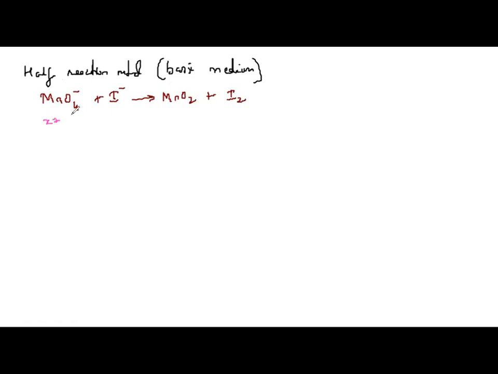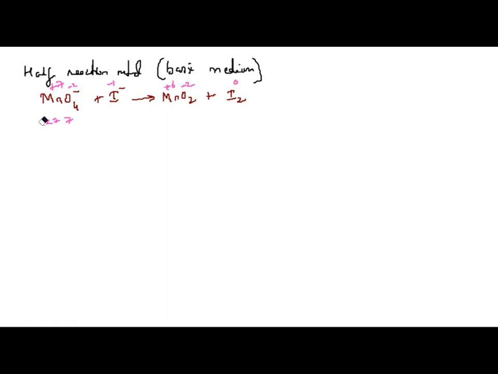So the charge on Mn is plus 7. Correct? And this is minus 2, this is minus 1. Here x minus 2 into 2 is minus 4, so it becomes plus 4. So Mn becomes plus 4 and oxygen is minus 2, and here it is 0.